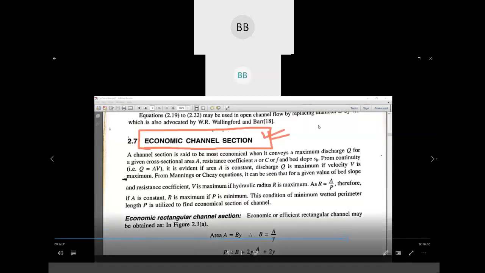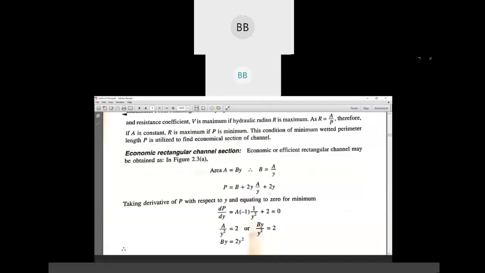Next topic is economic channel section. This topic you have already studied in third semester, so we are not going to discuss it in detail. Here derivation is not required, only the conditions. What is the economic condition for rectangular channel, trapezoidal channel and circular channel?